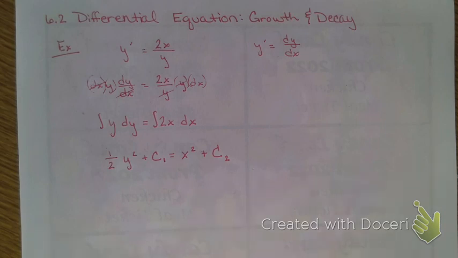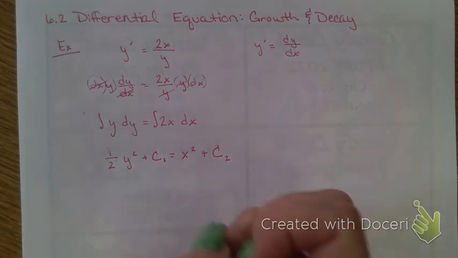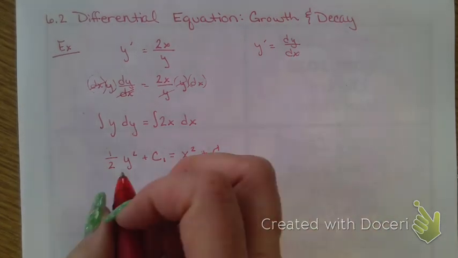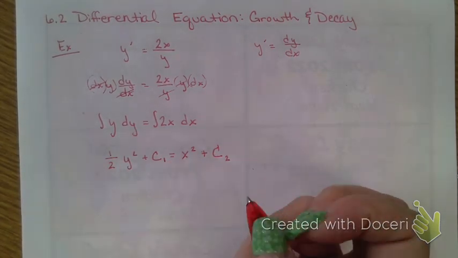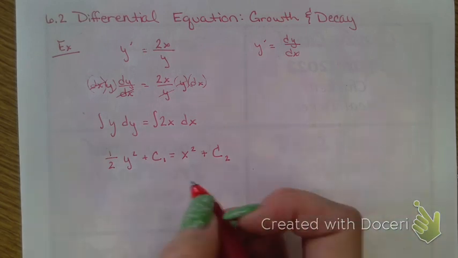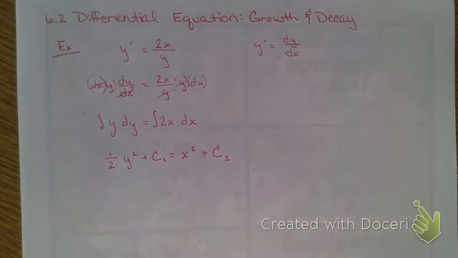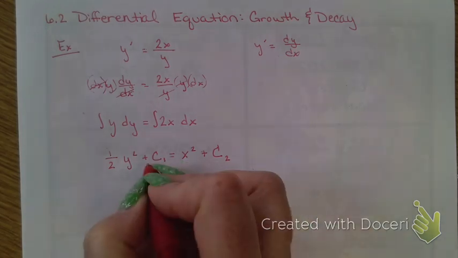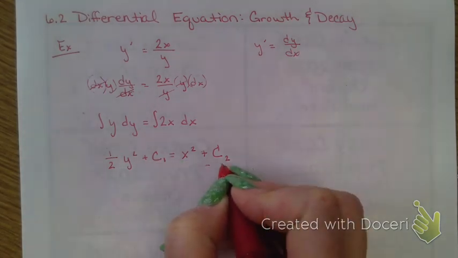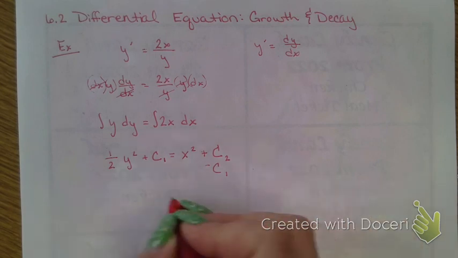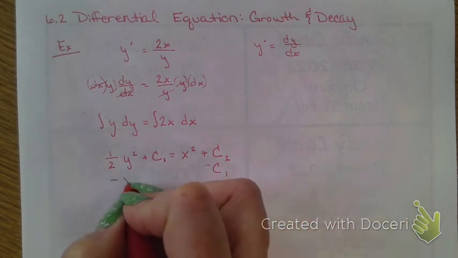So I obviously want constants on one side of the equation, don't I? Okay. So I'm going to move my x's on one side and my y's on another. To get a general solution, we're going to have x and y on one side and the constant on the other. So I'm going to subtract c1 over, but it's still just going to give me a c, isn't it? And I'm going to subtract x squared.